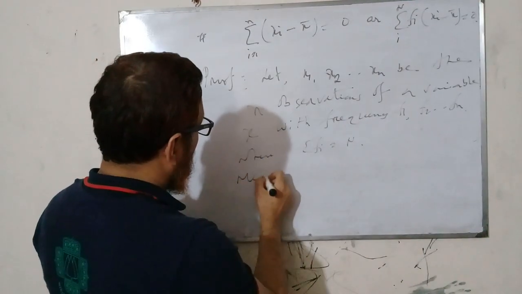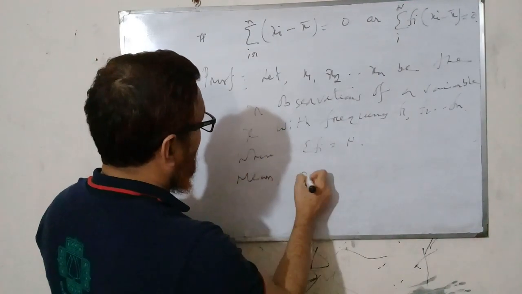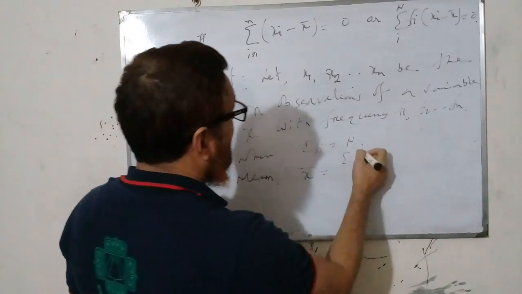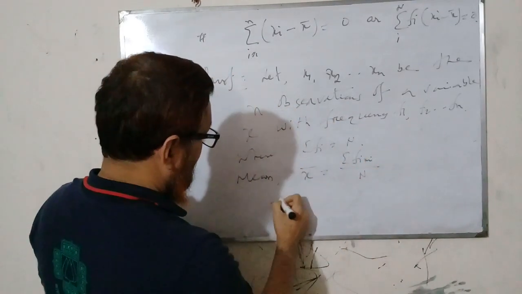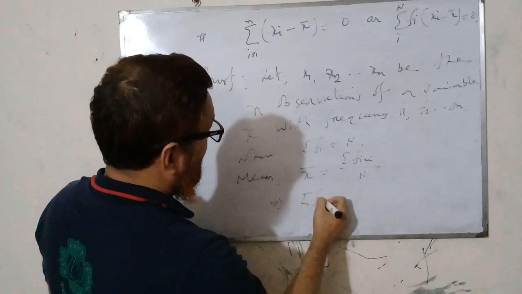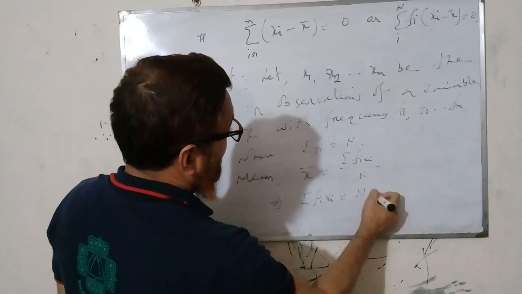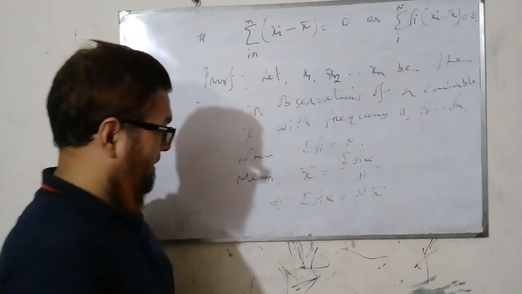So we know from grouped data the mean x bar equals summation fi xi by n. That is, summation fi xi equals n x bar.